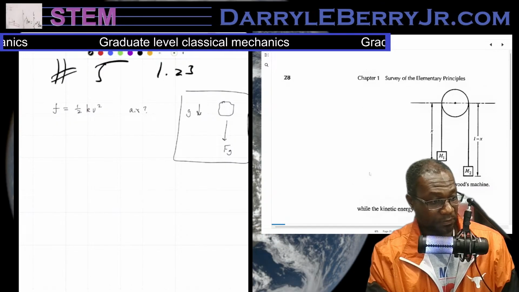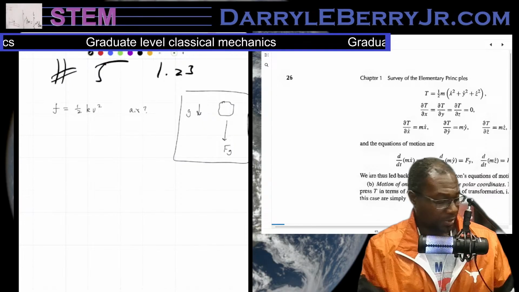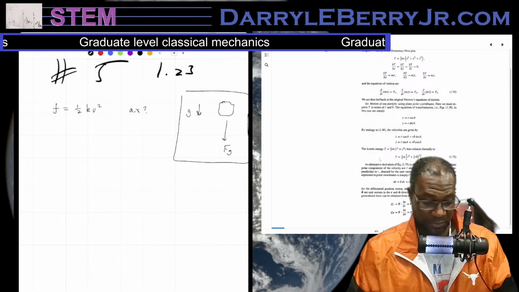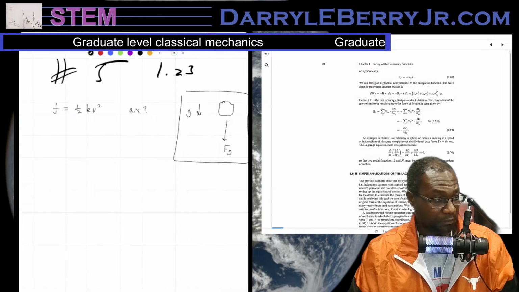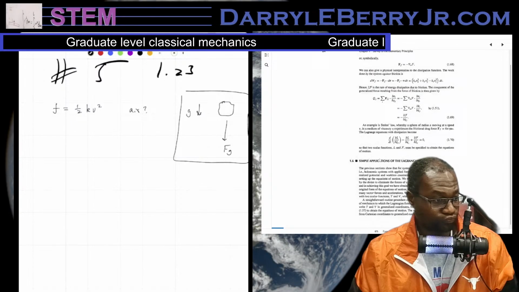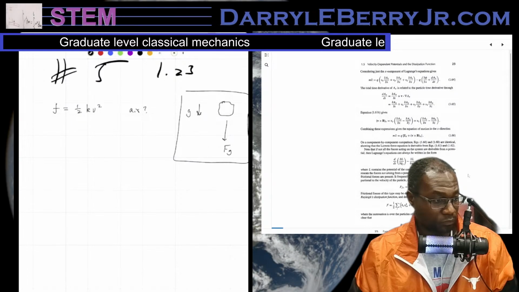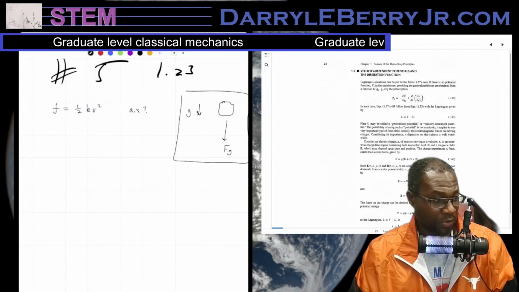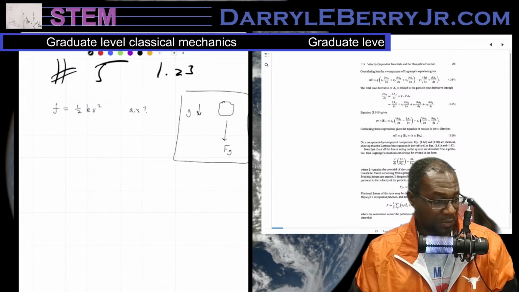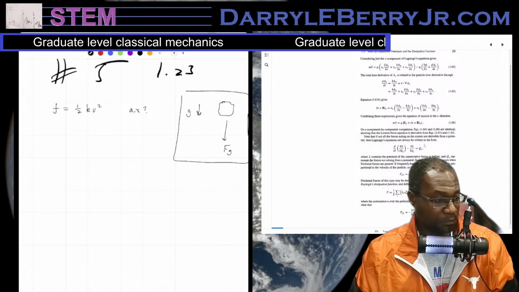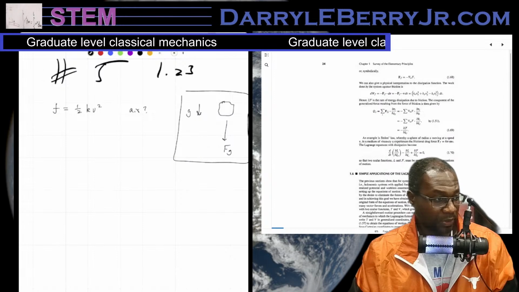So the dissipation force formula, let's find it. The dissipation function, here we go. Right here.